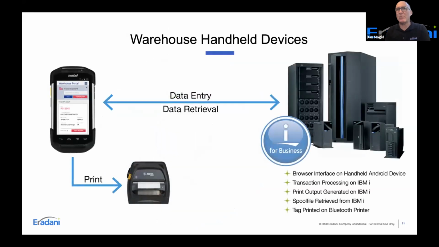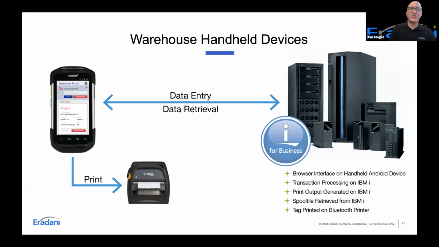This is just an example of something we just did with a customer where they've got the handheld Zebra devices. They're entering information to the IBMI from those devices. They're retrieving data from those devices. Now, they used to do this via just a terminal emulator. So they had a green screen interface, which limited how much information they could show. It also limited their flexibility in what kind of an interface they could provide their users.